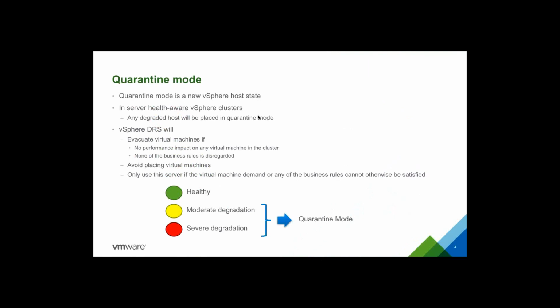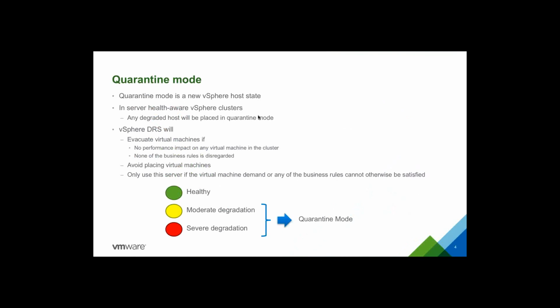If you think of fan failure, for example, as more of a moderate degradation, where it's probably not going to kill my machine and I don't necessarily need to evacuate the host, I can place that into more of a quarantine mode, so move the VMs if I have sufficient capacity. But other types of failures you could deem a little bit more severe, so those can be labeled severe degradation.